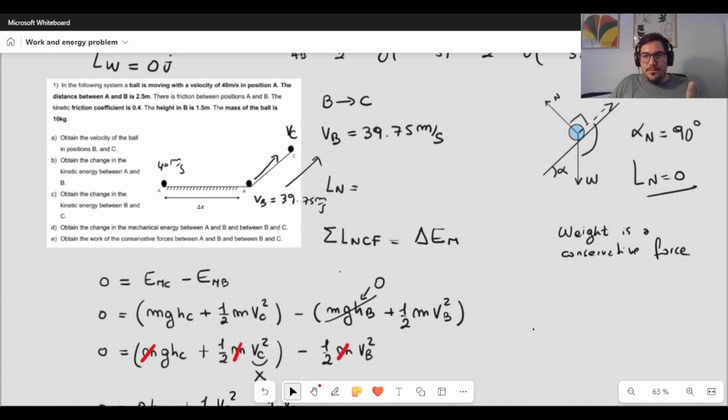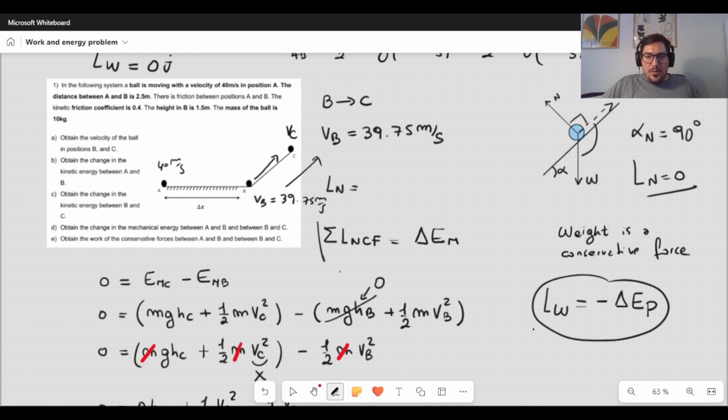We don't know. One possibility is to use the previous theorem and remember that the work of the weight is equal to minus the change in the potential energy. That's a possibility. But instead of applying the first theorem, we are going to apply the second one.